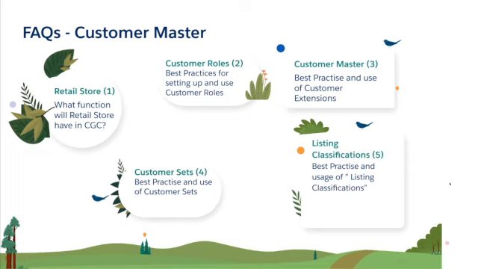Question number 5 was about best practice and usage of the listing classification. So this is a customer master entity, and it's a store classification by product category to restrict the products from an authorization list, which have been agreed typically at a higher level in the trade org hierarchy.